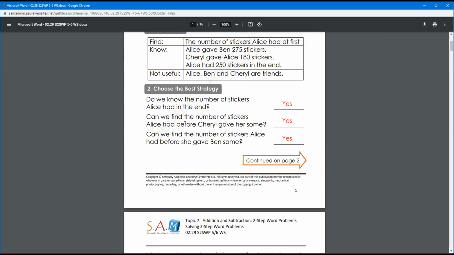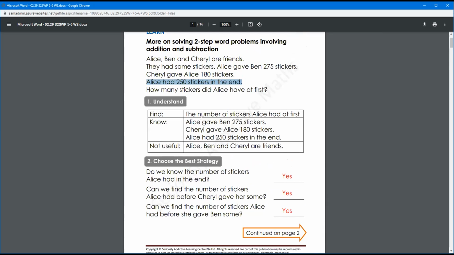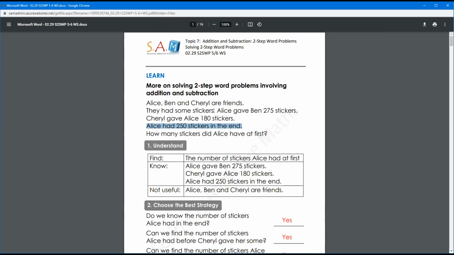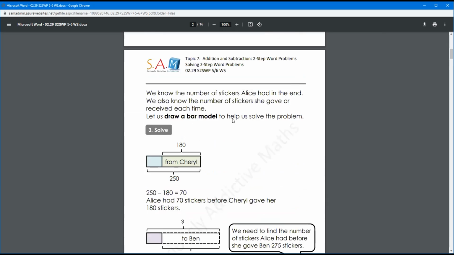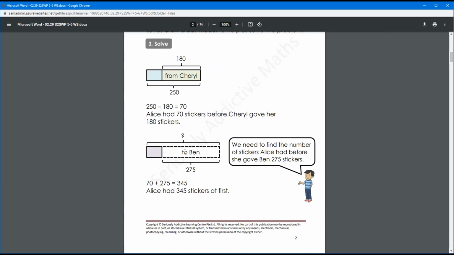Then the next step is going back one more sentence, backwards: Alice gave Ben 275 stickers. So they need to figure out which portion is 275. Sorry, I beg your pardon.